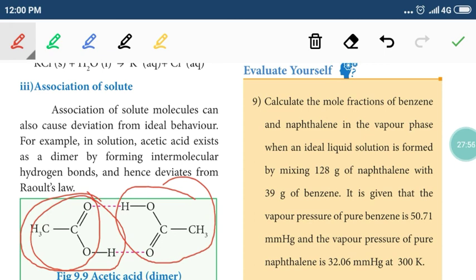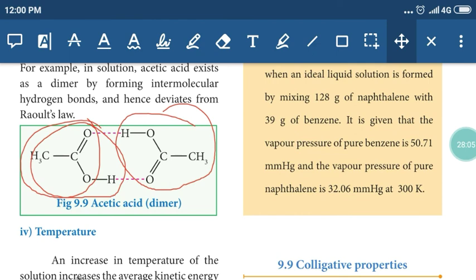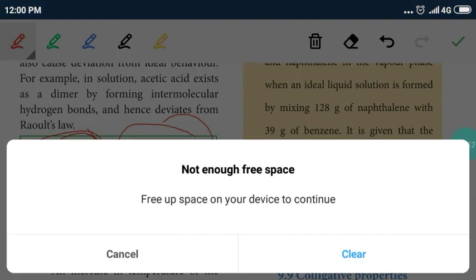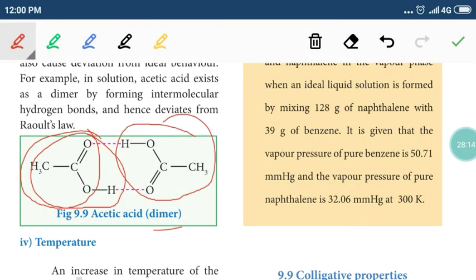Between two solute molecules, there is a formation of intermolecular hydrogen bonding, so it exists as a dimer. Because acetic acid exists as a dimer, ideal behavior will not be maintained. Interaction will not be the same in all solute molecules, solvent molecules, and between solute and solvent, because of this dimeric structure.